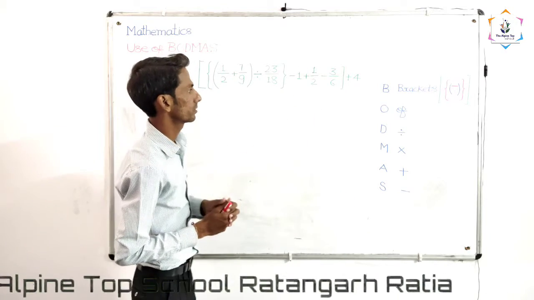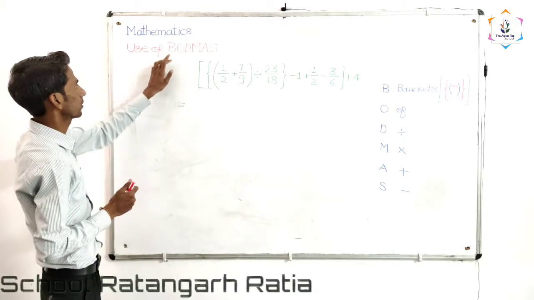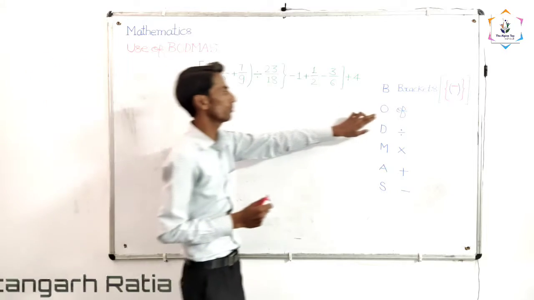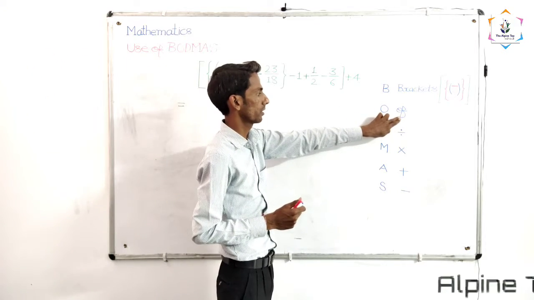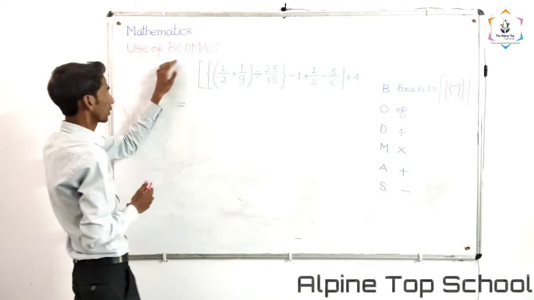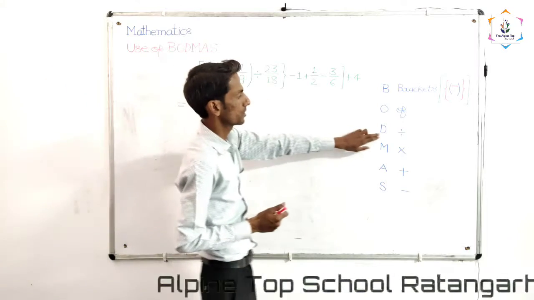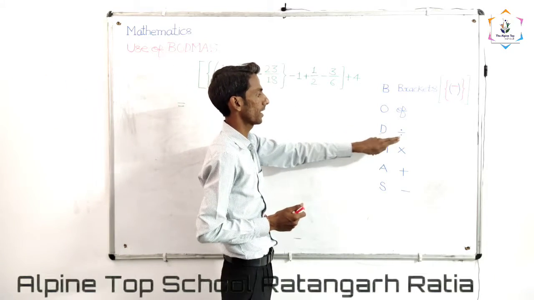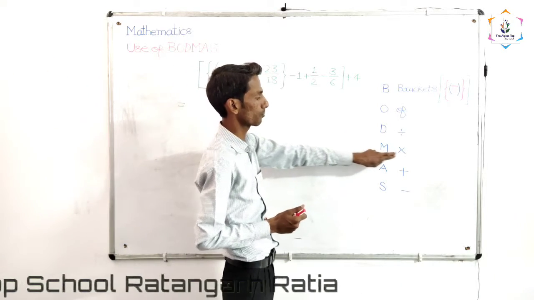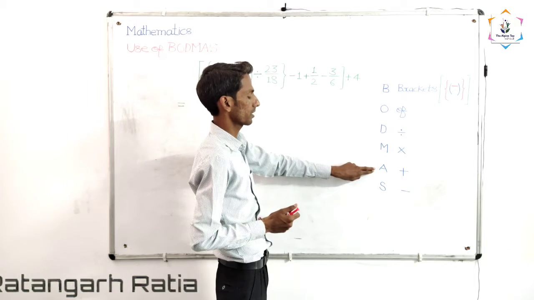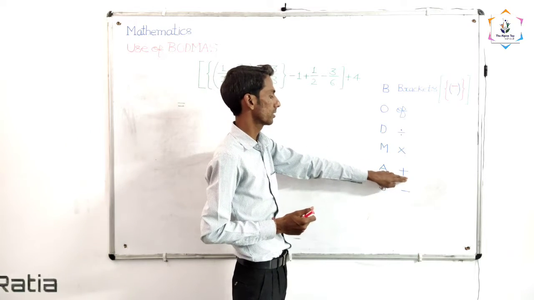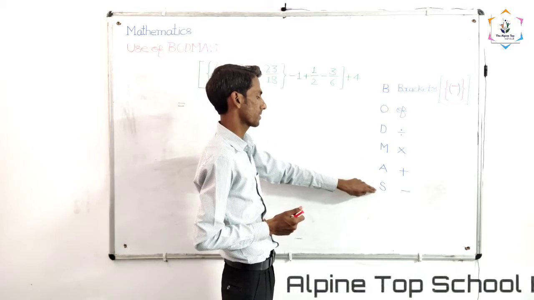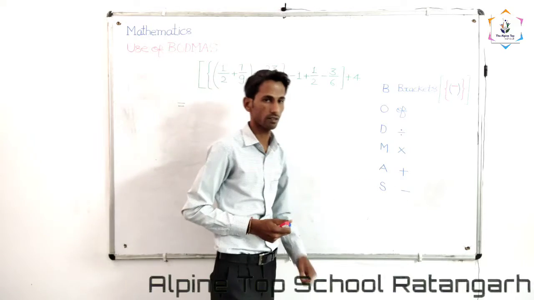The next letter of the word BODMAS is O. O means of. The next letter is D. D means division. Next letter M, M for multiply. Next letter A for addition, and the last letter is S, meaning subtraction.